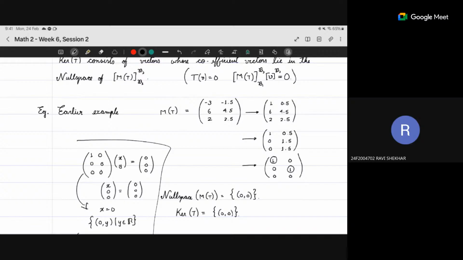How do you construct a basis for the null space of a matrix? Once you do row reduction, you take the independent variables, and then whatever number you have, you take things like s equal to 0, t equal to 1, or t equal to 0, s equal to 1, and you get a basis for the kernel.